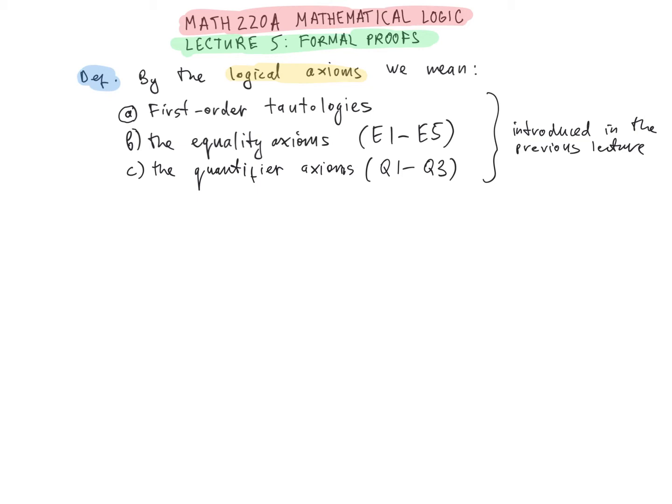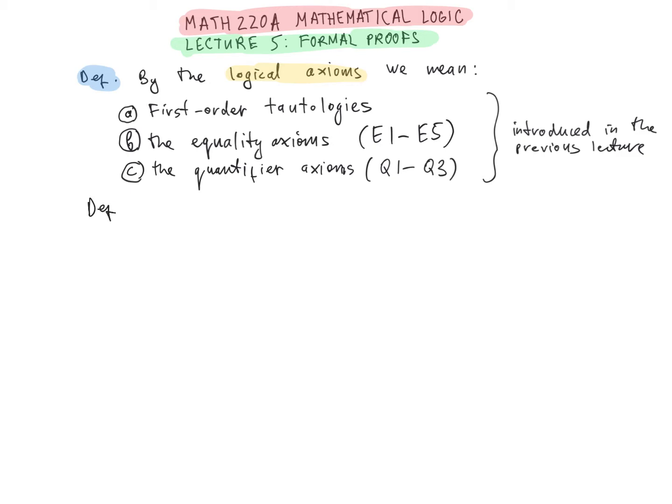The equality axioms give a list of universally valid first order sentences that express that the equality operation is a congruence relation, that is an equivalence relation, which is compatible with the functions and the relations of the language. And C, the quantifier axioms, list a collection of universally valid formulas that express the basic properties of the existential and the universal quantifier. All of this combined we'll refer to as the logical axioms.